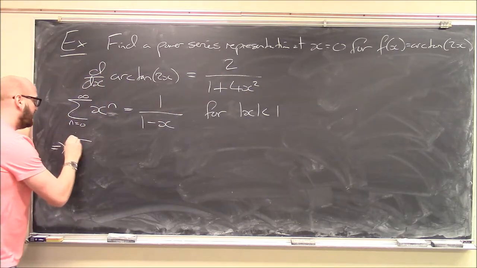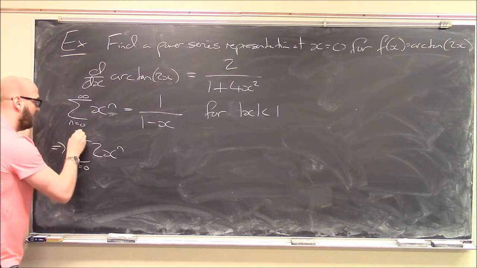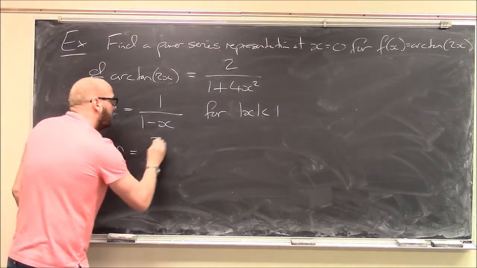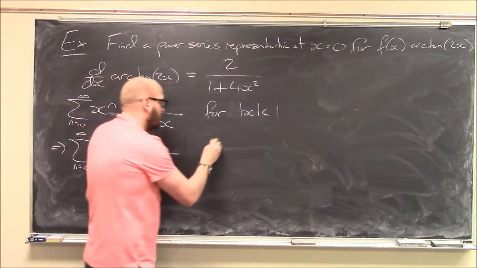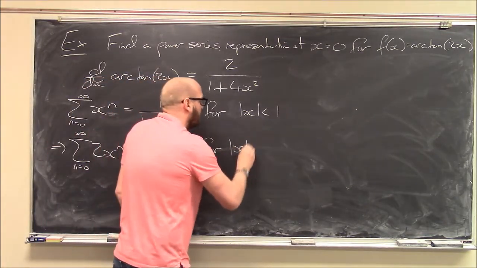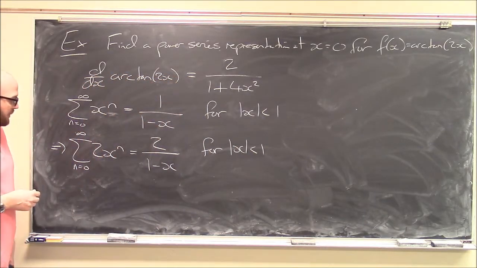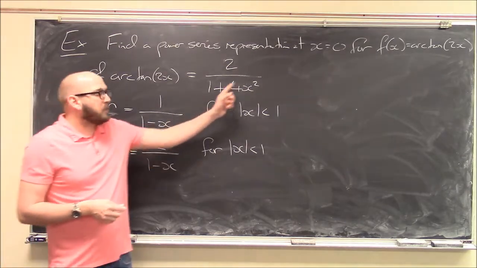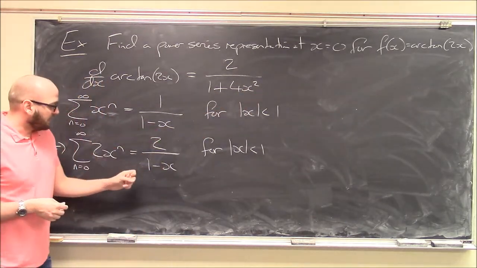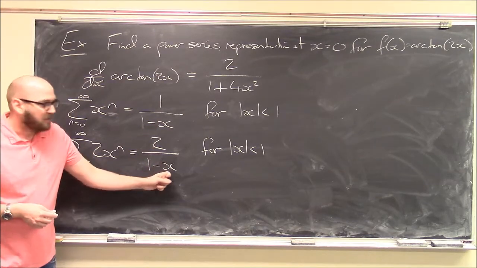So I'm going to multiply by 2, so 2 times the sum of x to the n is 2 over 1 minus x. And that hasn't changed where it converges at all, right? Just multiplying by 2 does nothing. But now I'm going to do something pretty significant. I don't want 1 minus x, I want 1 plus 4x squared. So what I can do is substitute. I can substitute minus 4x squared everywhere I see an x.